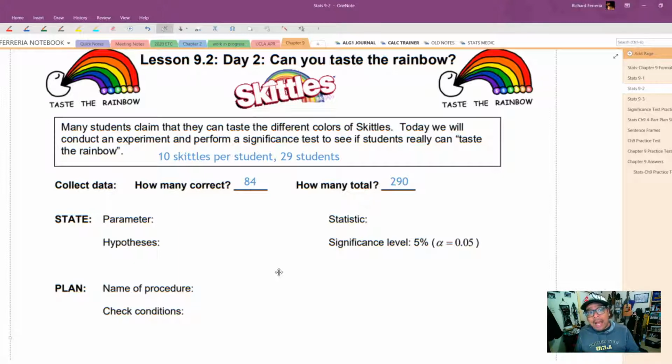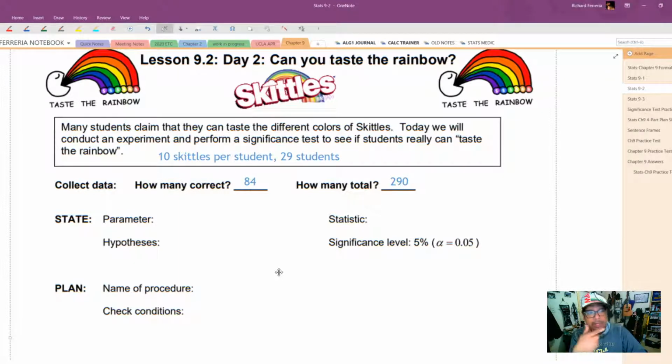Each person in class would get 10 Skittles, and you would take your guess about what color the Skittle is. And your table partner would help you by identifying the actual color. Of course, you wouldn't let them know until the end of the experiment.